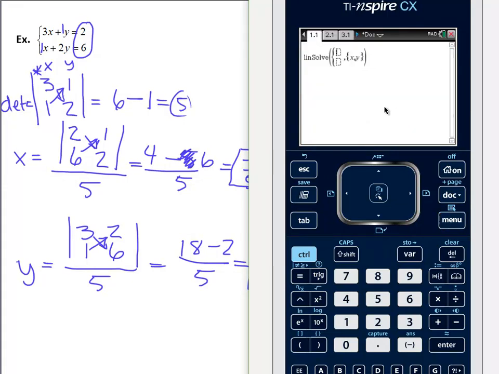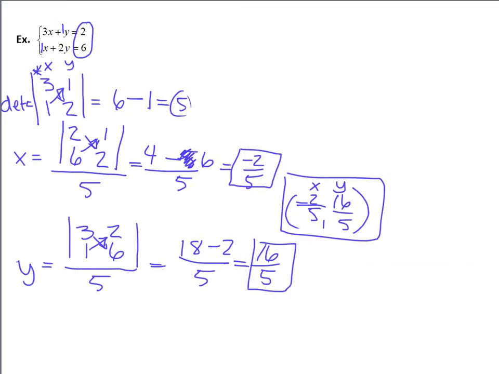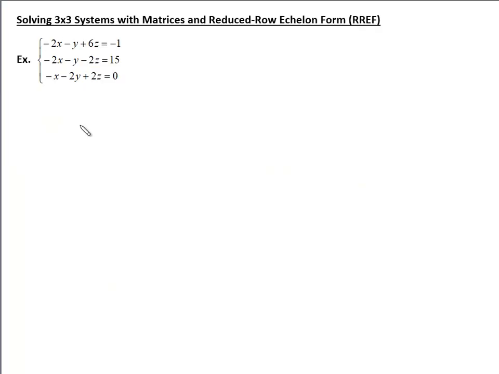And so we have two equations, and I can type those in. 3x plus y equals 2, and x plus 2y equals 6. And we can use our calculator to check, and indeed we did get the correct solutions there. Negative 2/5 and 16/5. That's what we ended up with. Pretty nice way of checking those if you're doing a calculator part of a test for a 2x2 system. Remember we had that linear solver.